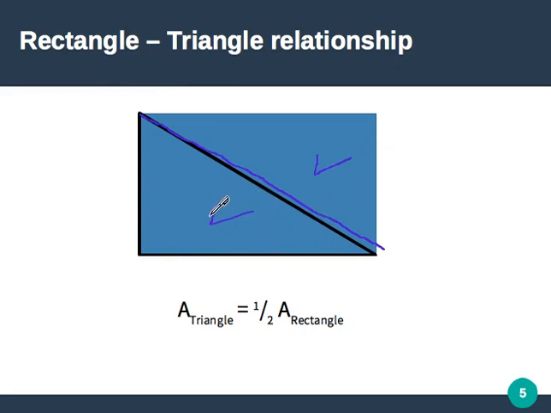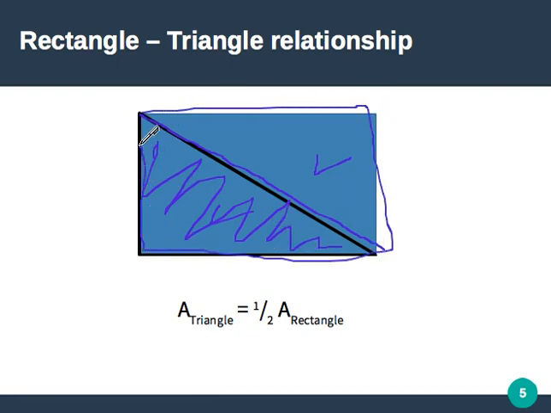So that means that the area of a triangle is the same as the area of the whole rectangle, but divided by 2. So that's going to be the way you can get the area of a triangle. I think I mentioned that a while ago, or maybe in the previous video. That's how the formula of the triangle is obtained.